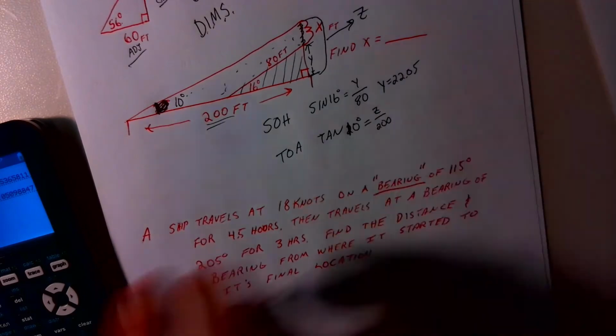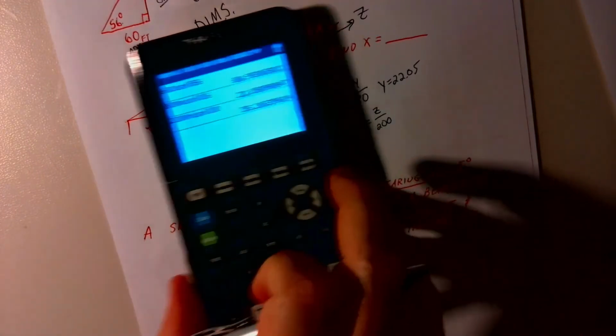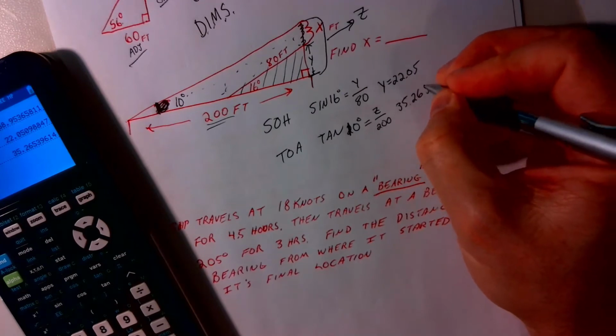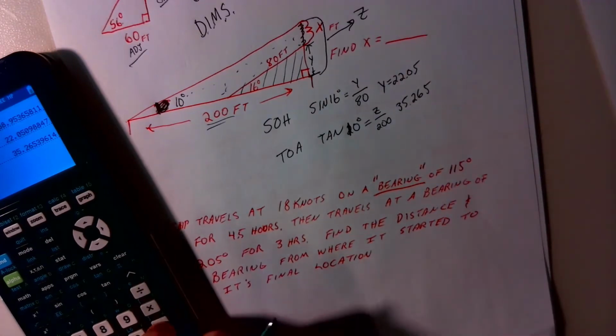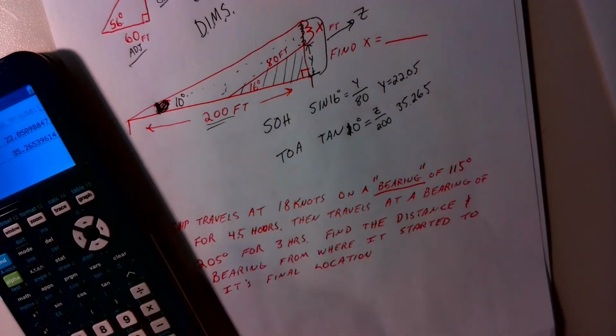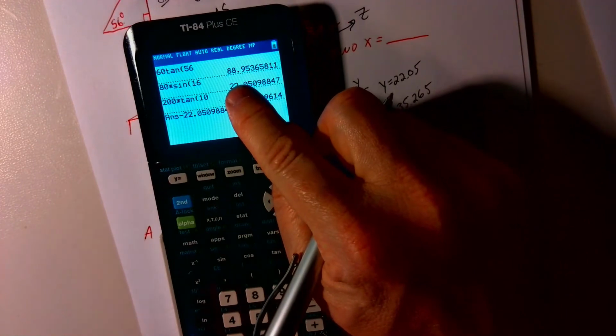So I'm going to do 200 times tangent of 10, and I get 35.265, and I simply subtract the last answer that I had in there, the 22.05. You can see on my calculator I just went up and copied it from up above.